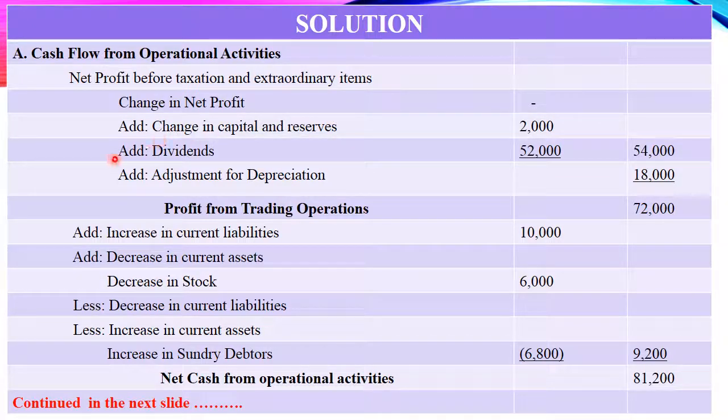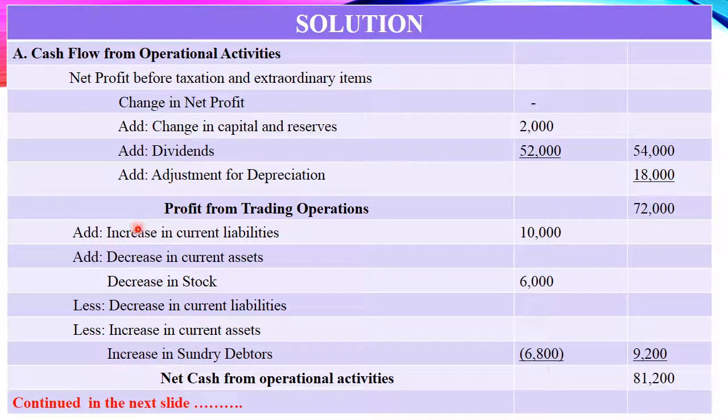Then there are some dividends which have been paid of 52,000. So when you add that to give you 54,000, then you add adjustment for depreciation, which is an increase as indicated in the statement of financial position of 18,000. You add that, you get the profit from trading operations as 72,000.